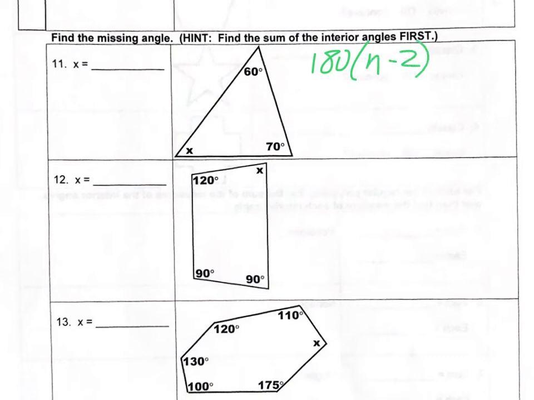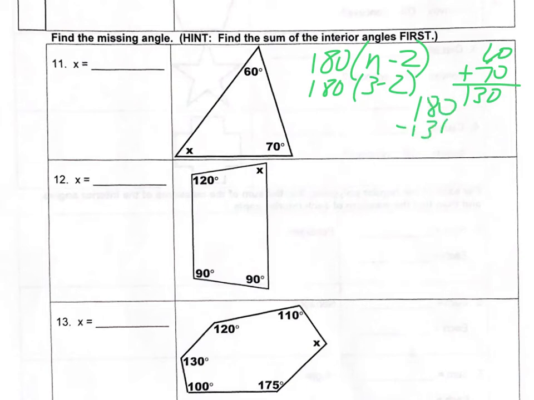We know this is a three-sided figure, so you're going to do 180 times 3 minus 2, which is 1, so there's 180 degrees. So you take 60 plus 70, which is 130, and then 180 minus 130 is 50. So we knew this is 50 degrees.